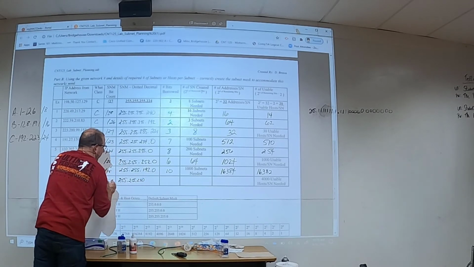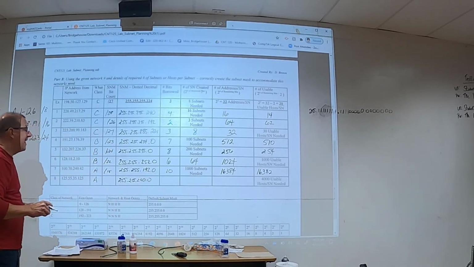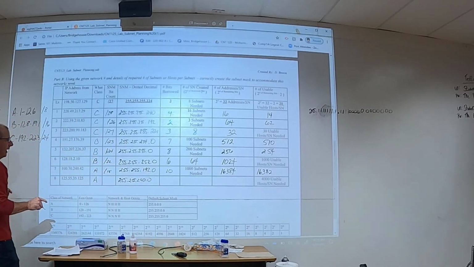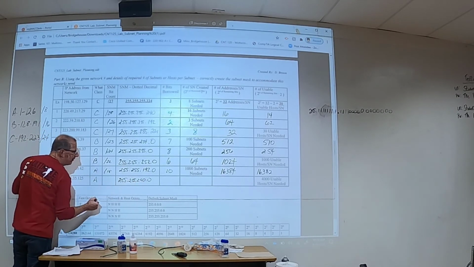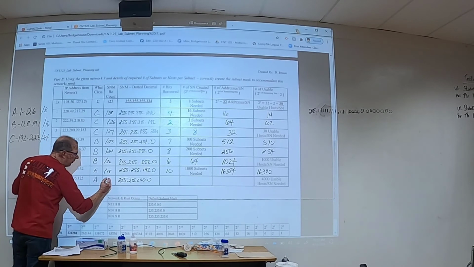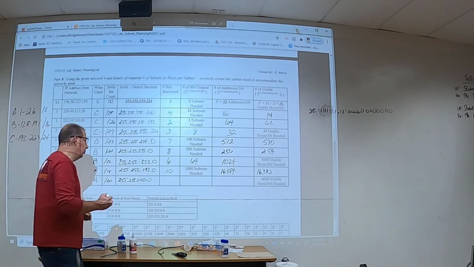Let me make that a little bit better. Let's make an X. That means I borrowed, okay, 8 out of here, 4 out of here. That's 12. 12 and 8 are slash 20. Borrowed 12 bits.